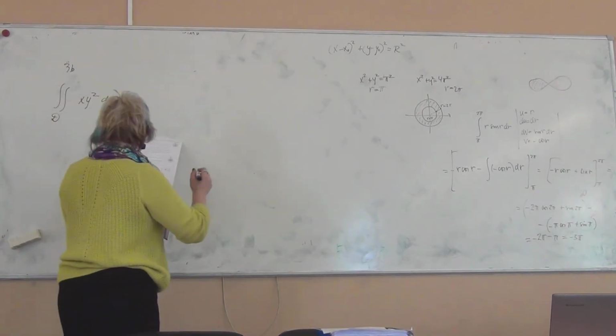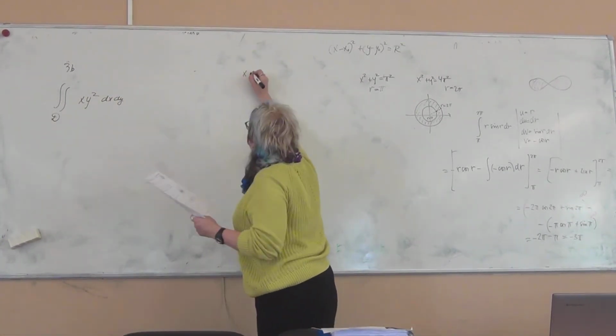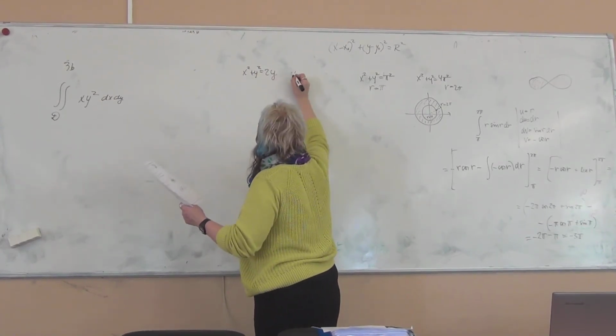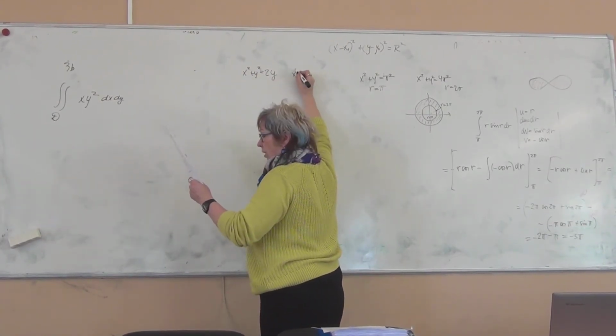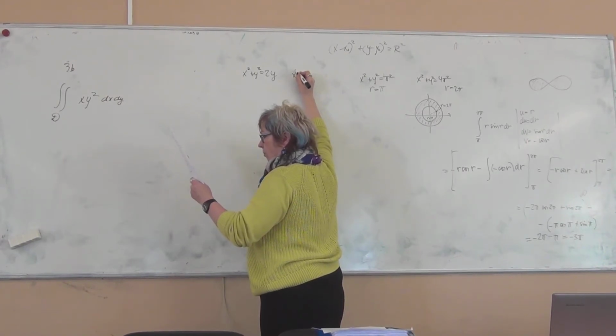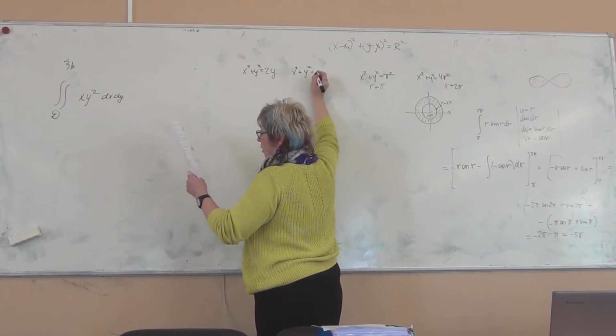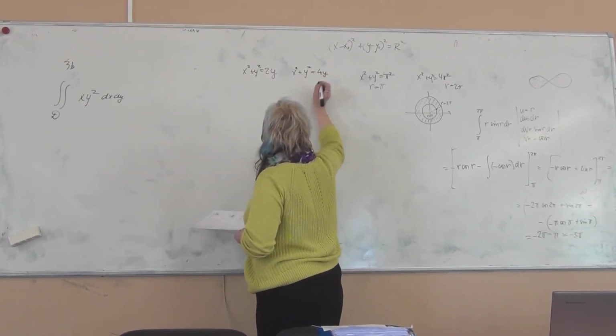And the boundaries are x squared plus y squared equals 2y and x squared plus y squared equals 4y.